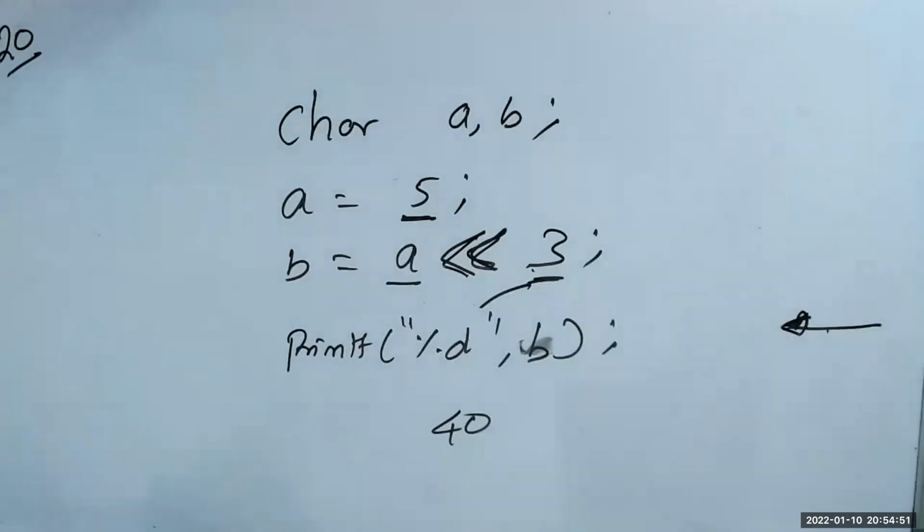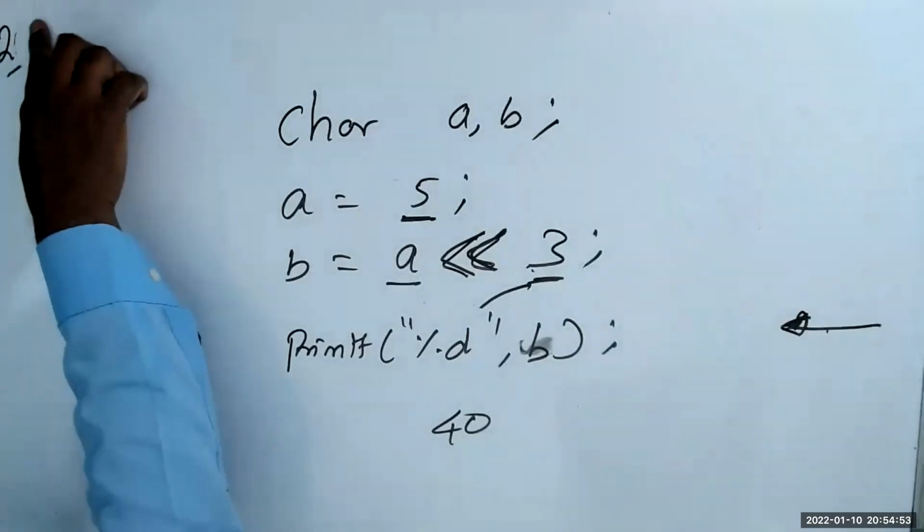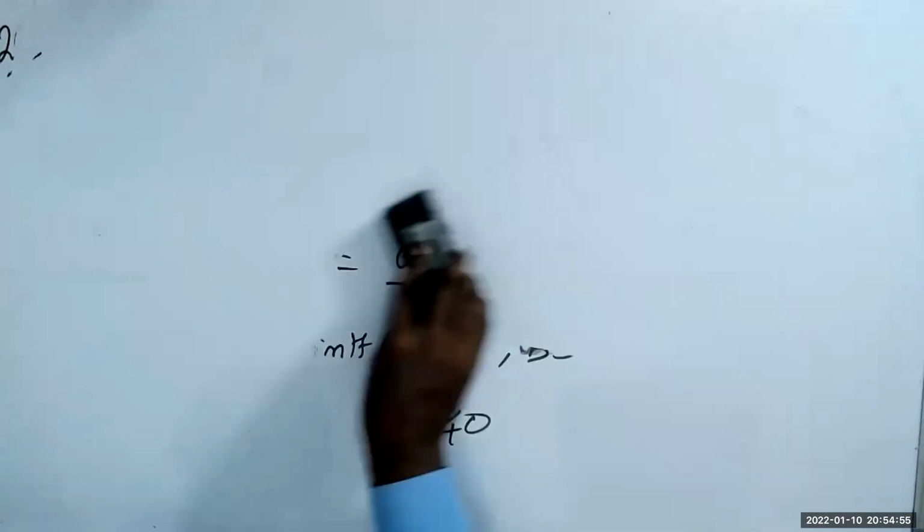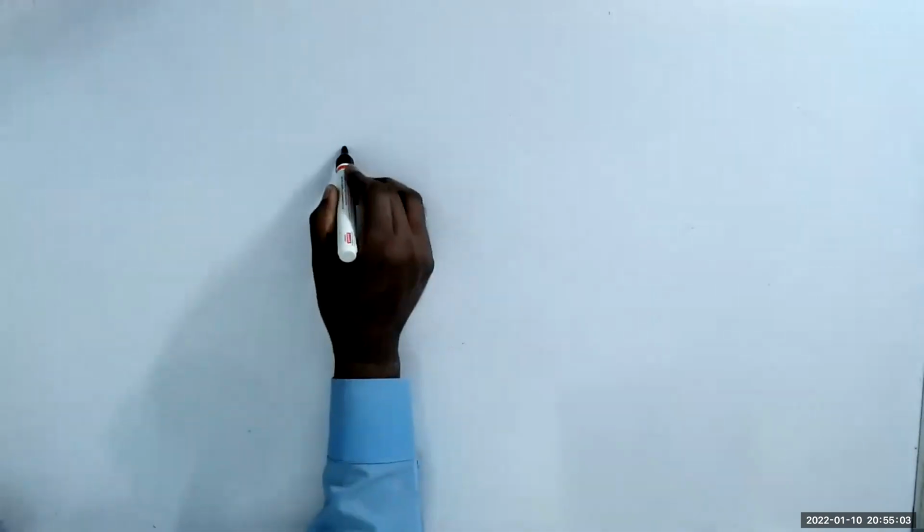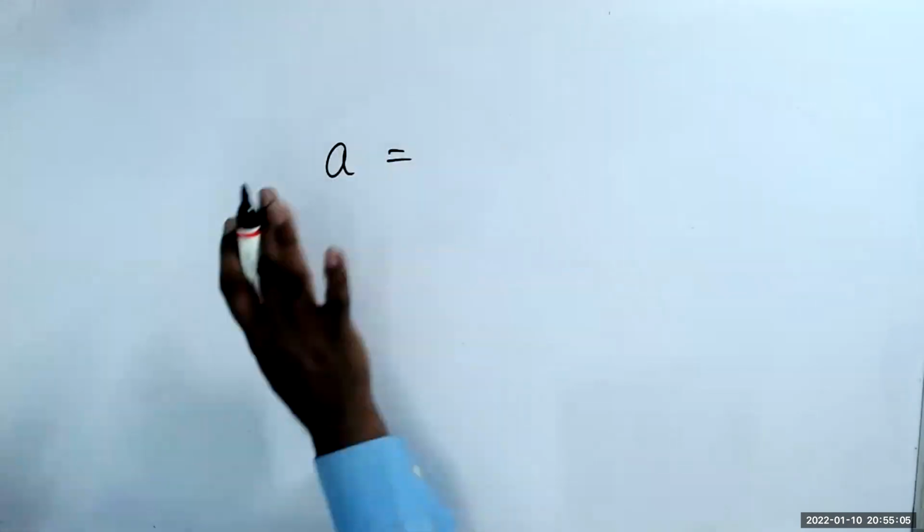So try this. These are the operators we explained today. That's it. I don't want to discuss any more operators, but only one trick here. Before we discuss this, complete this. This is only for right shift.